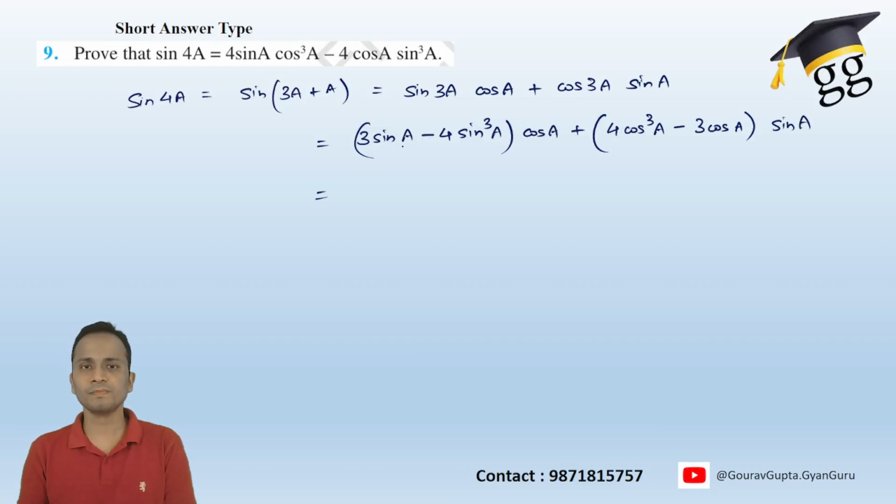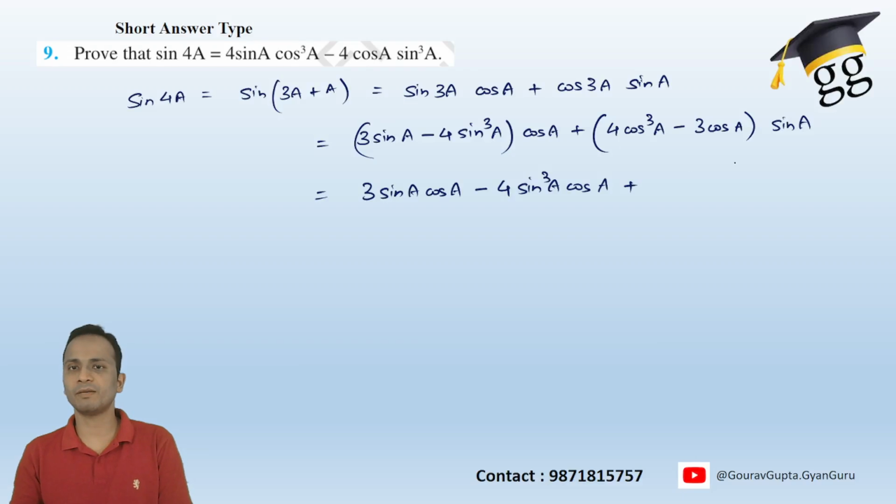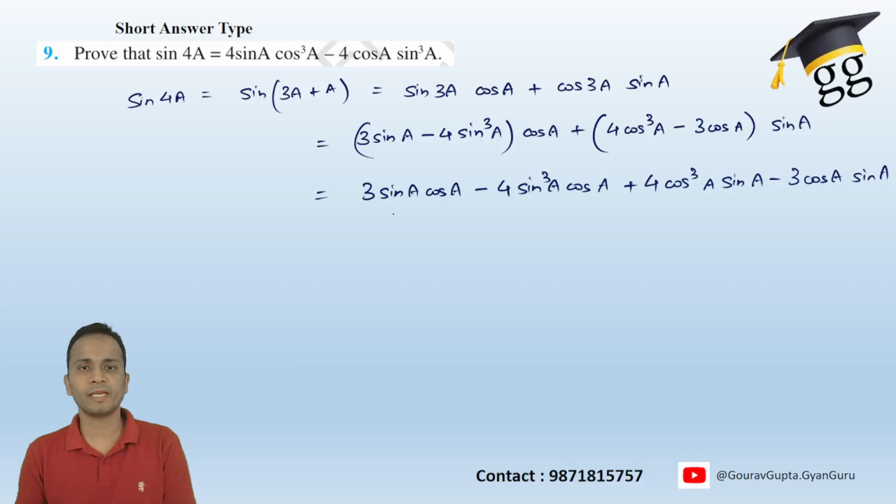Open the brackets: 3 sine a cos a minus 4 sine cube a cos a, plus the second bracket, 4 cos cube a sine a minus 3 cos a sine a. Now you can see that 3 cos a sine a and 3 sine a cos a will get cancelled and you will be left with 4.